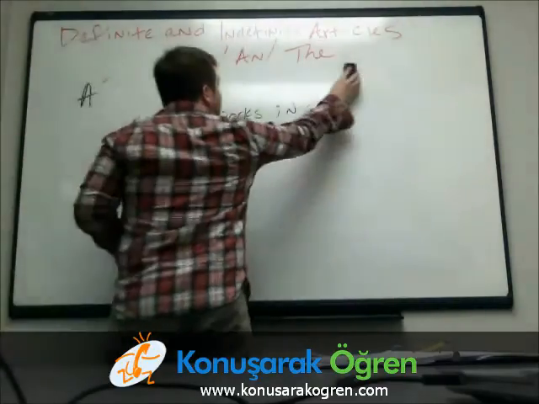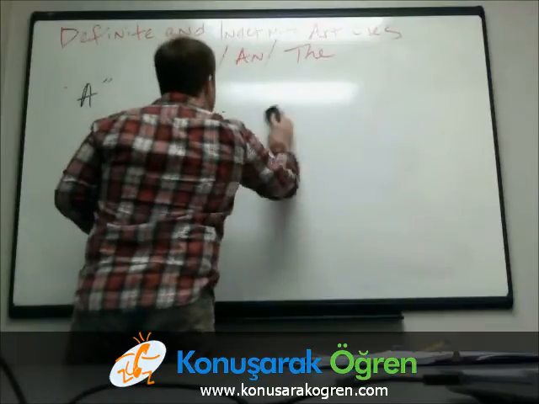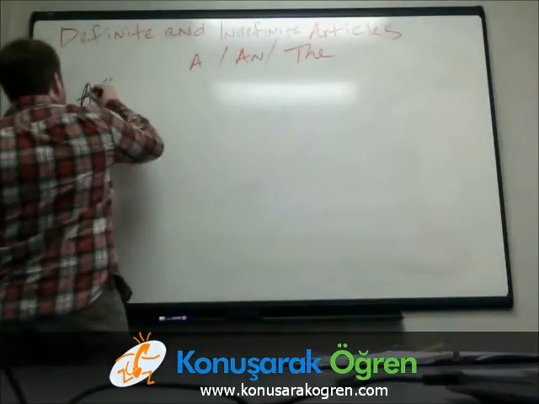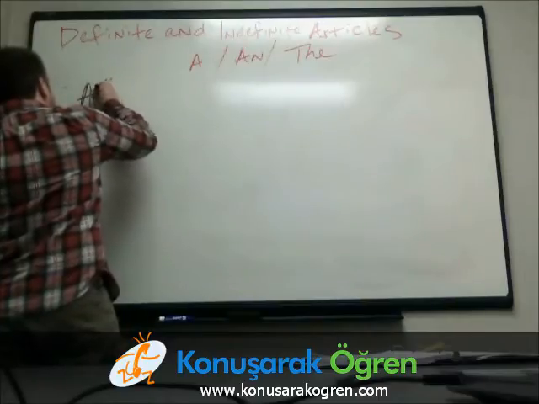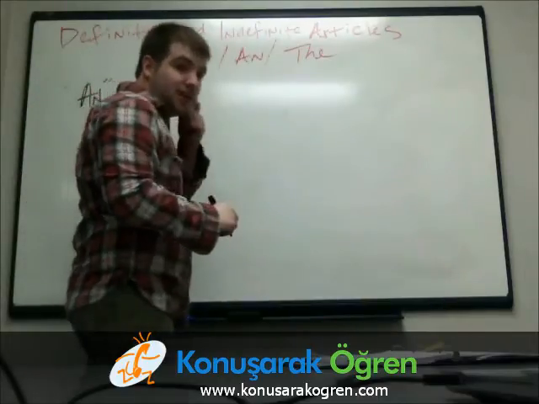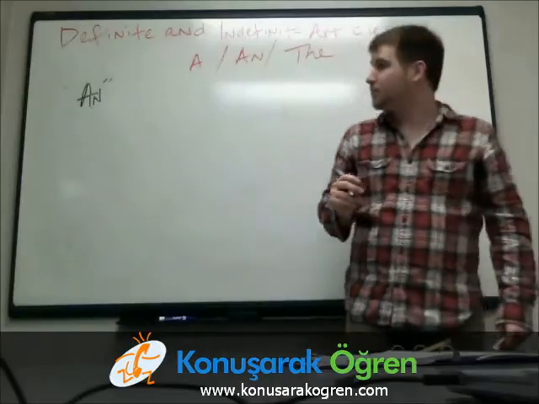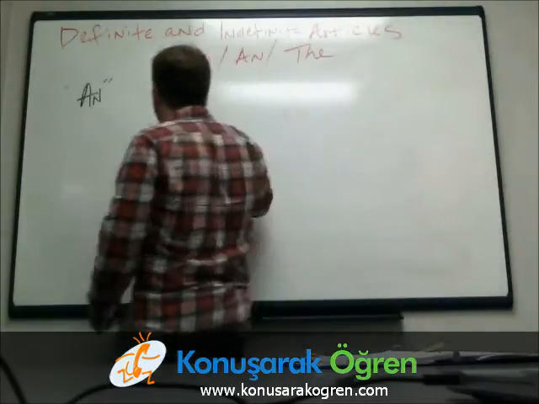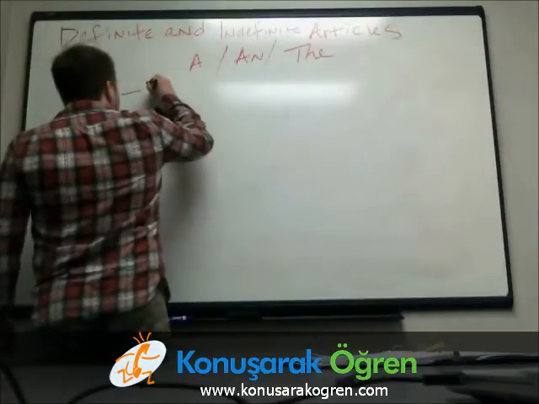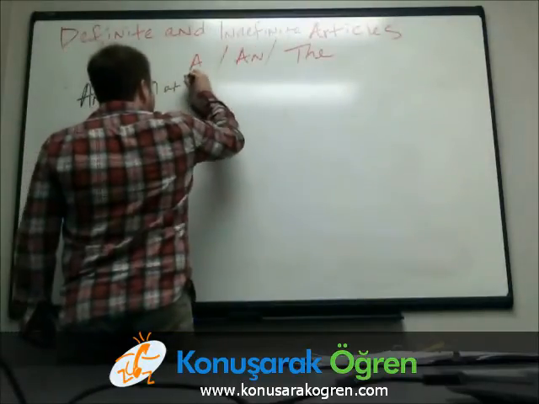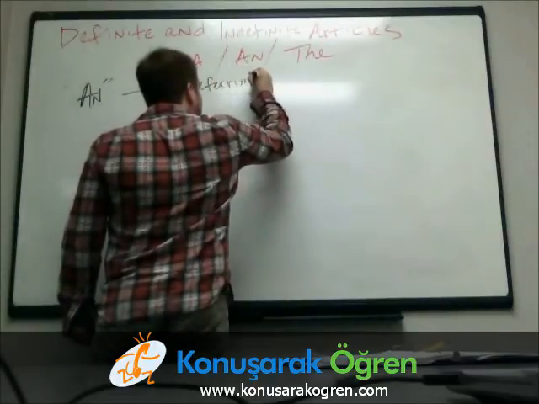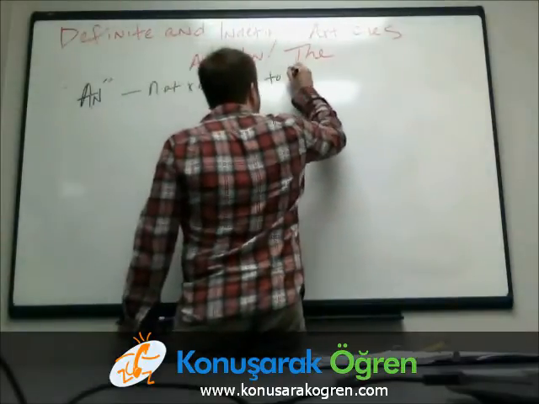Now let's move on to the second indefinite article, an. An is going to be used in much the same way that a was. That is to say, again, we're not going to be referring to something specific, not referring to a specific item.